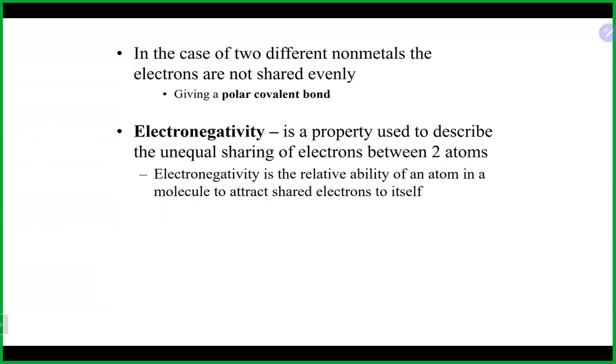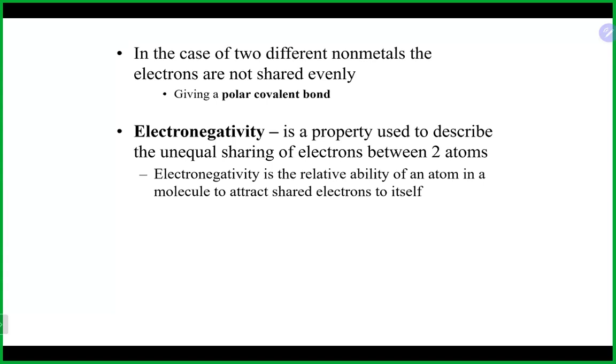Now, when nonmetals share electrons unequally, we get that polar bond. As we talked about with hydrogen bonding, the presence of a polar bond can definitely increase the solubility of something. So that's very, very helpful, and we want to get things to dissolve in each other to make a solution.